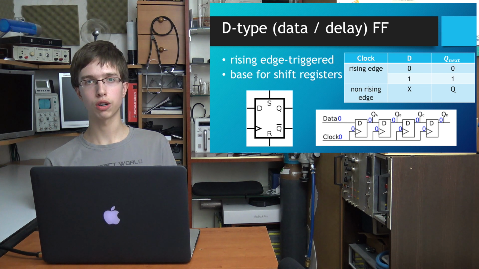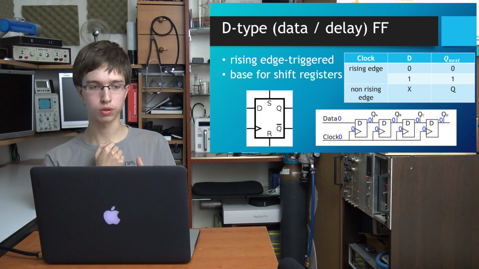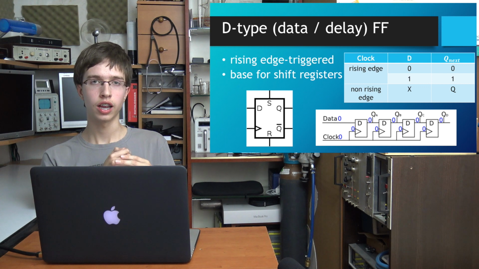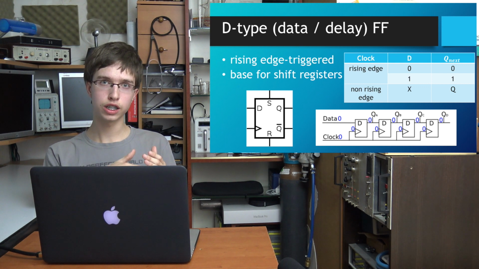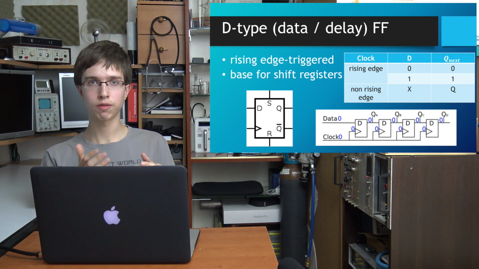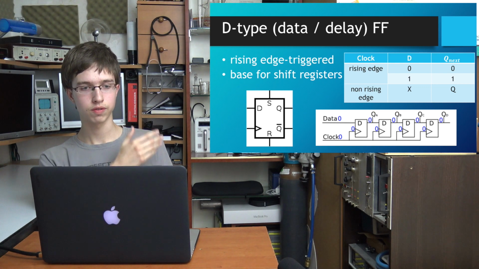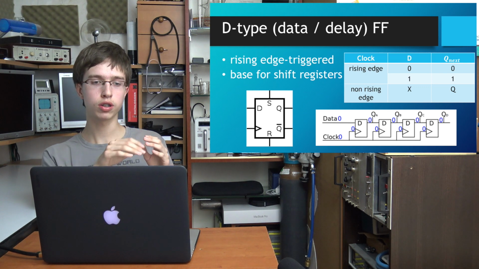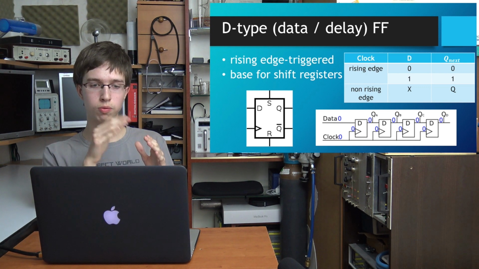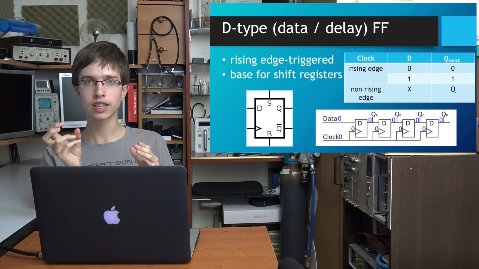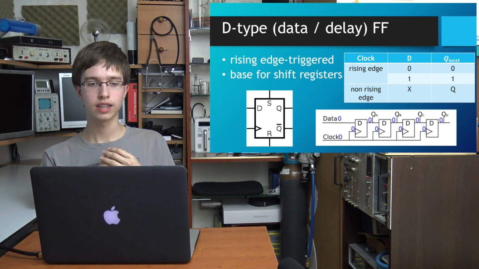D-type, also called data or delay type flip-flop, is normally rising edge triggered, meaning it gets data from the D input, as we can see in this picture, when the clock goes from 0 to 1. There are also some falling edge ones, but they are not so frequent. And here is its truth table. So when the clock has a rising edge, goes from 0 to 1, then Q next, so next output, always gets the value from the D input, and it remains the same.